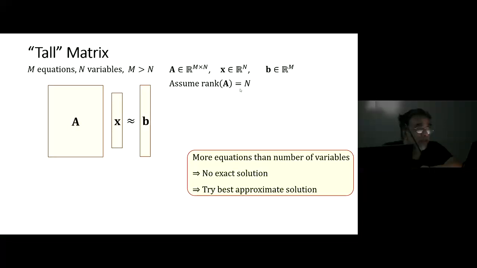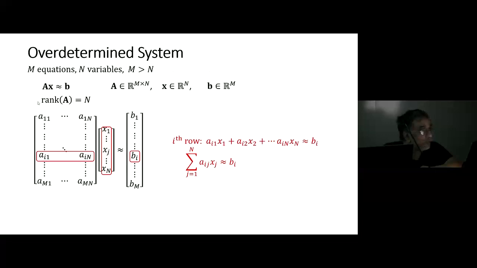And we assume that the rank of A is n, N as in New York. And since we cannot satisfy exactly, what we do is find an approximate x such that Ax is as close to B as possible.